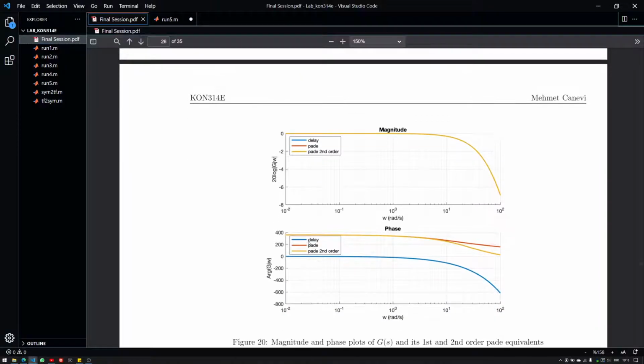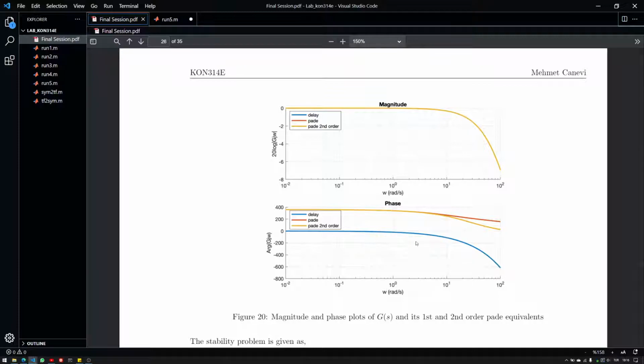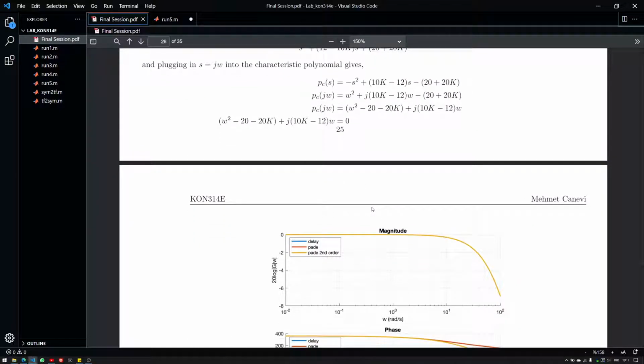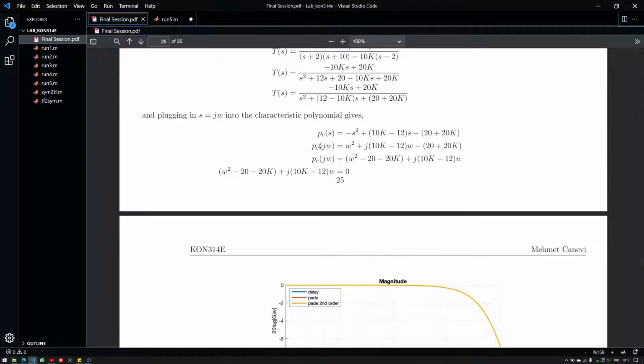Now, in the Bode plot, we can see that the approximations have a different phase plot, and keep in mind that we are trying to calculate the stability interval, which uses the phase plot. If this is not really that correct, then how can I use this to conclude a stability interval? It's not a good idea to take the Bode plot of the approximation. So if you use the approximation, stick with the time domain methods.